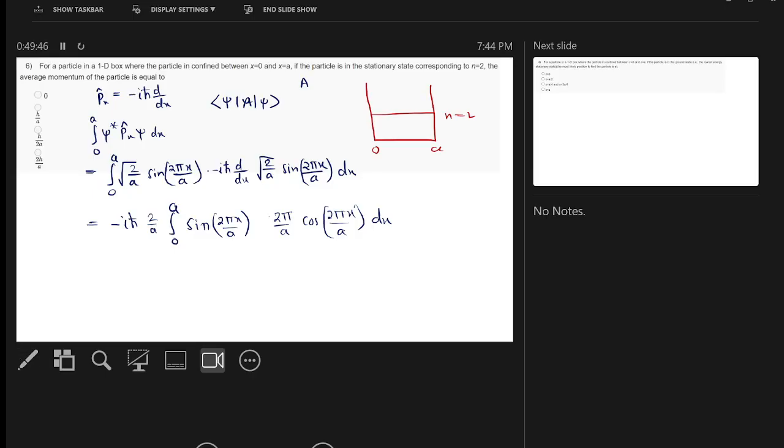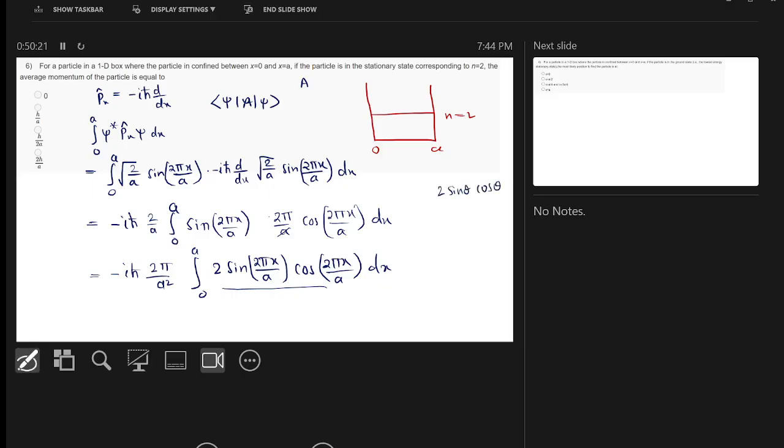Okay, so we'll cancel out this. Sorry, no, no cancel out. Minus i h cross 2 pi by a square, and writing 0 to a, 2 sin 2 pi x by a cos 2 pi x by a dx. So I'll be writing this 2 sin theta cos theta is equal to sin 2 theta.